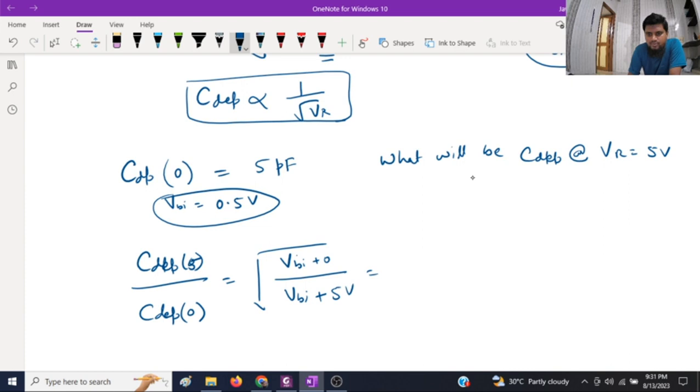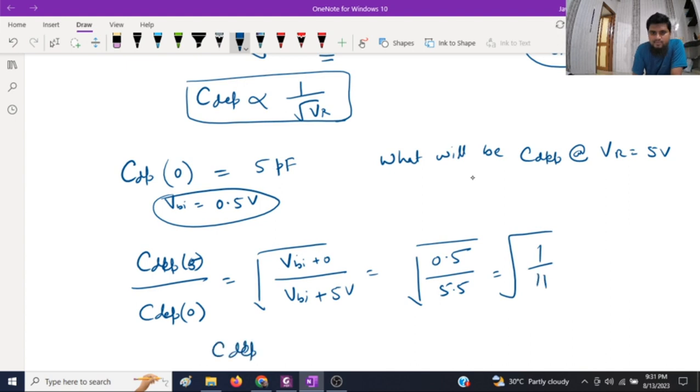So that is equal to root over 0.5 divided by 5.5 volts, root over 1 by 11, right? So C depletion at 5 volts will be equal to root 1 by 11 times 5 picofarad. You can calculate whatever is the answer.